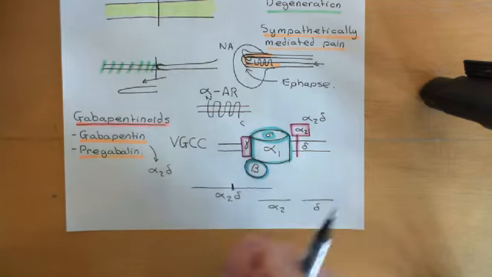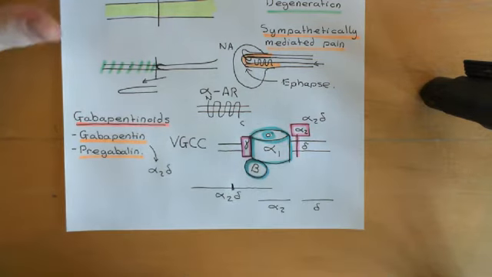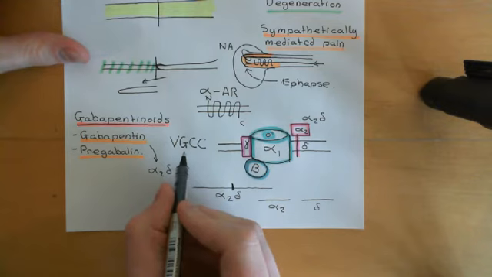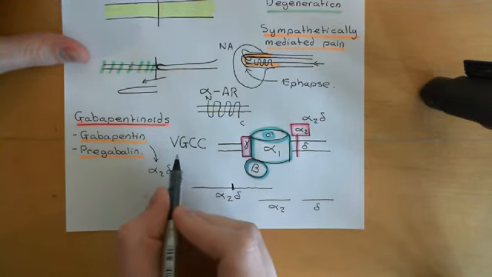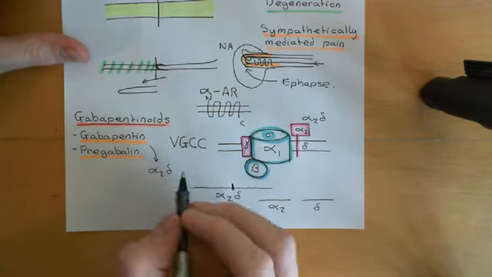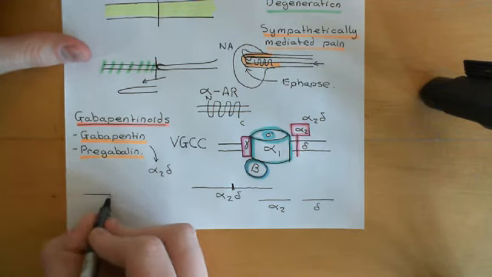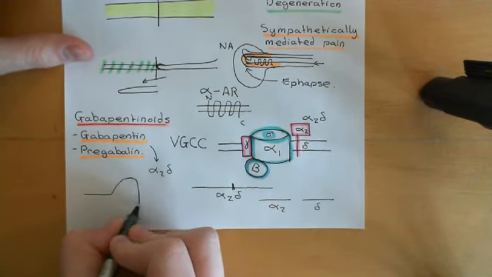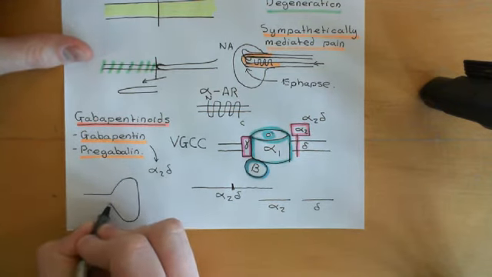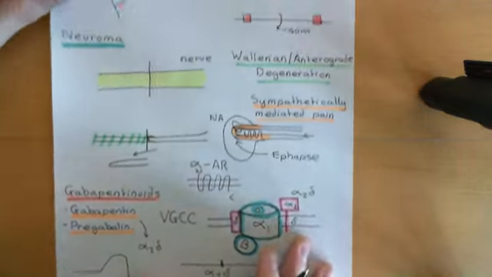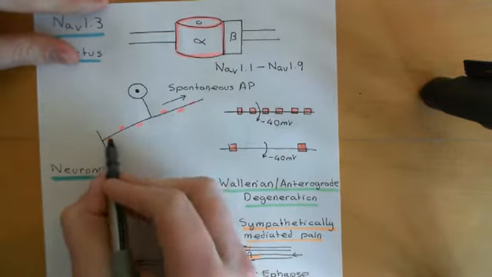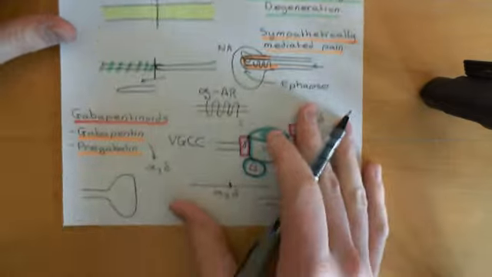Well, basically, one of the other changes that has been found in these damaged neurons is that they increase the number of voltage-gated calcium channels in their synaptic terminals.